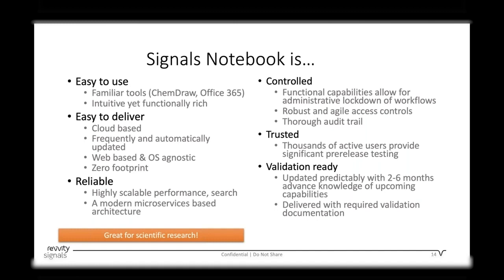And Signals Notebook can be validation ready. Again, with that delay, we give you somewhere between 2 to 6 months preview time of upcoming features in order to ready the validation activities that you need to conduct. And we deliver Signals Notebook with all the documentation that you need to execute that. So although Signals Notebook is well established and well known as being great in scientific research, it really is also great in those regulated environments where those requirements are more robust.